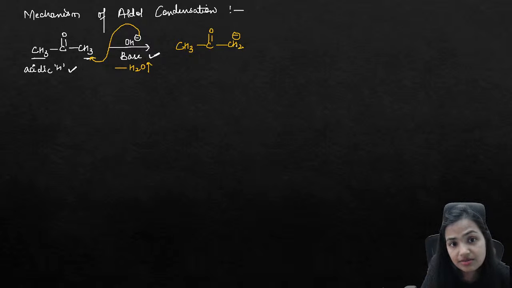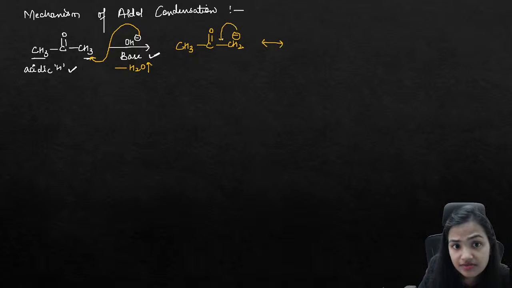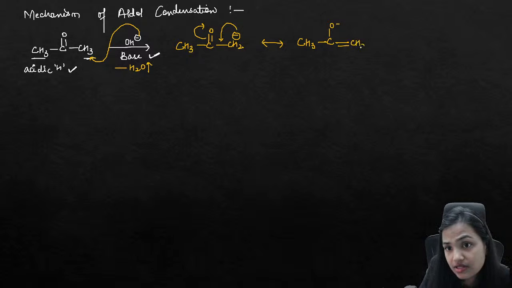The water will get eliminated, and you will be getting CH2 negative. This negative charge will undergo resonance like this, and we will be getting CH3CO negative with the double bond to CH2.